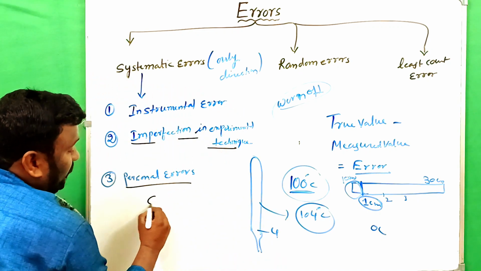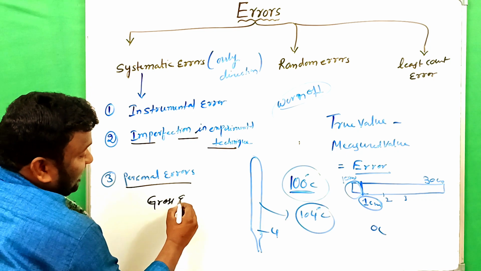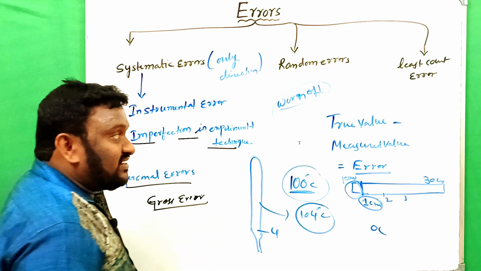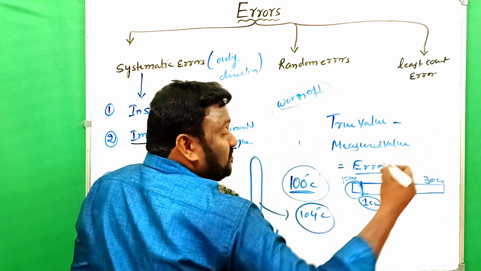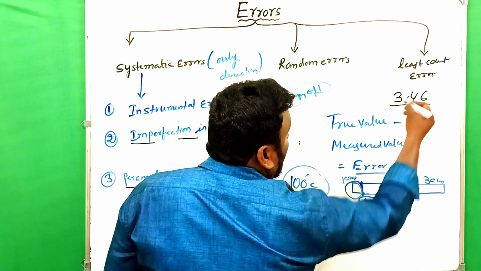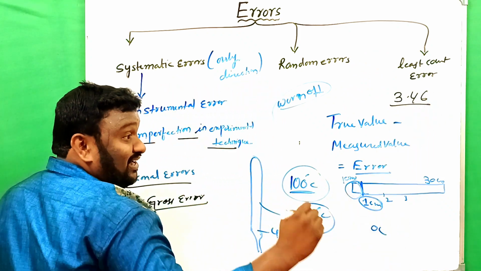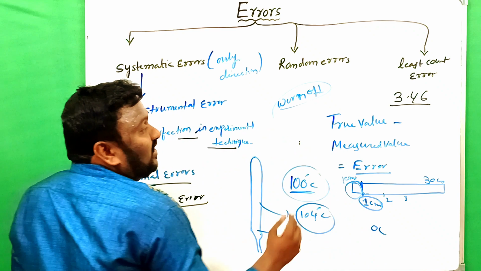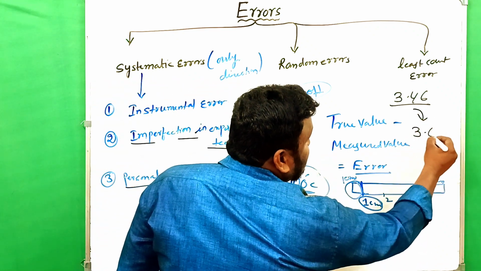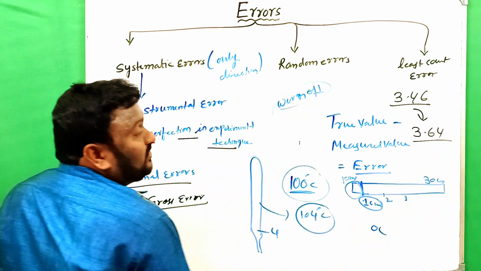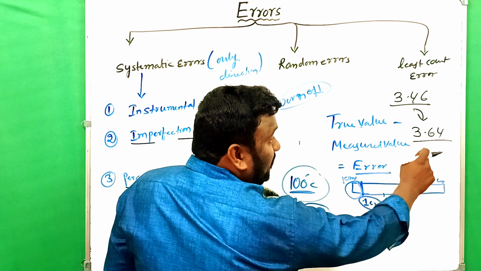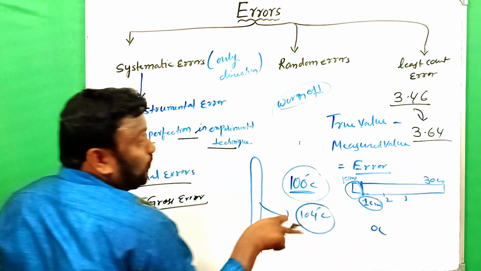And the next thing we have here is gross errors. What is meant by gross error? You did the experiment and observed that the value was 3.46, but while writing or noting it in the record, you mention it like this, 3.64. 3.46 is the actual reading that you observed, but it is noted as 3.64.